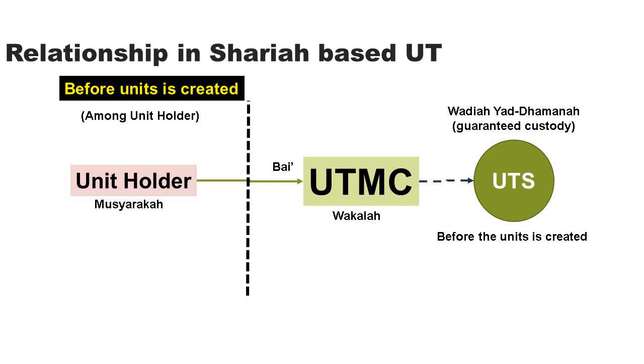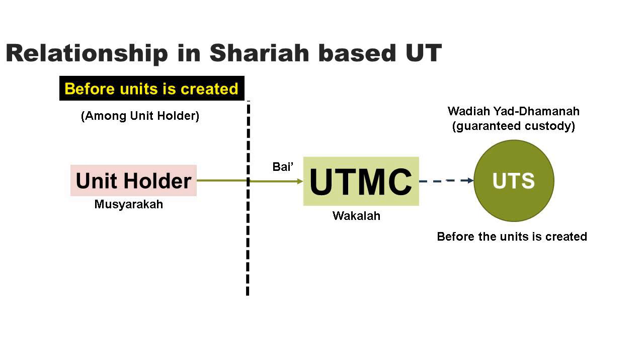This is where, before creation, the money is paid to the UTMC first. The UTMC receives the money, they become the wakala, the wakil, and the money is under their care. The custodian is the UTMC. So the Wadiah Yad Damanah contract is with the UTMC before creation.